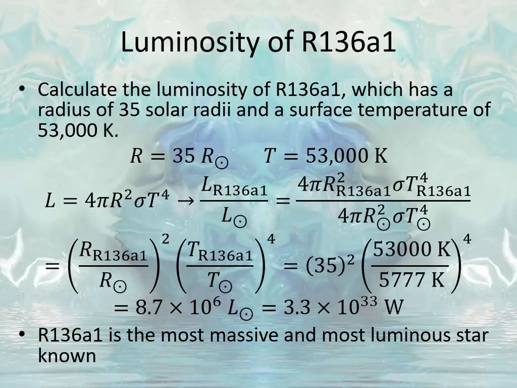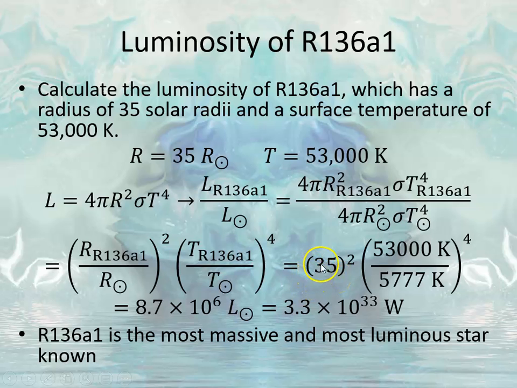How about R136A1? R136A1 is a lot smaller than Betelgeuse, but it's much hotter in surface temperature. And the fact that it's so much hotter is what really makes the difference. Remember, luminosity goes as temperature to the fourth power. So it's still a lot bigger than our sun, but 35 solar radii instead of 1180.